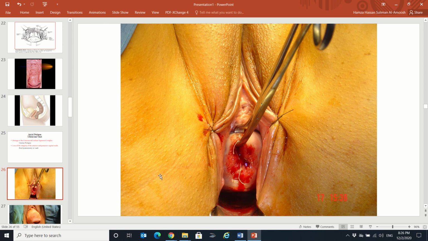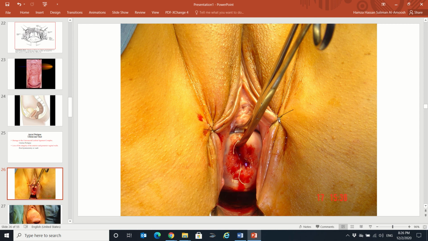If you look at this picture, we're grasping the cervix and pulling it down, so it reached the opening of the vagina. So this is a 2nd degree uterine prolapse.